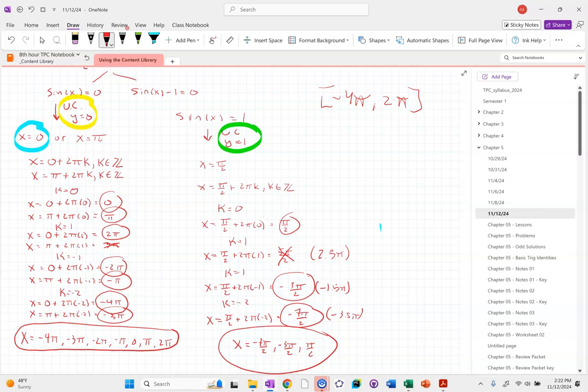Everything that was in between, I'd keep. I'm not actually going to write anything down. I'm just going to do it in my head or on my calculator or write down on a sheet of paper just with commas after each other. I'm not going to write k equals and do all the computation because I don't really have to. All I'm really doing is adding and subtracting 2 pi to these unit circle answers and just keeping the answers that fit inside the interval that I'm looking at.